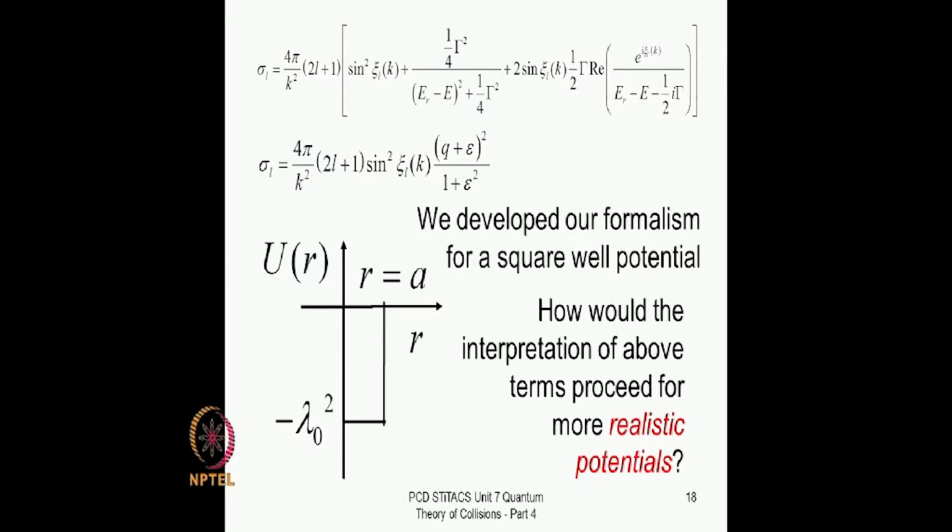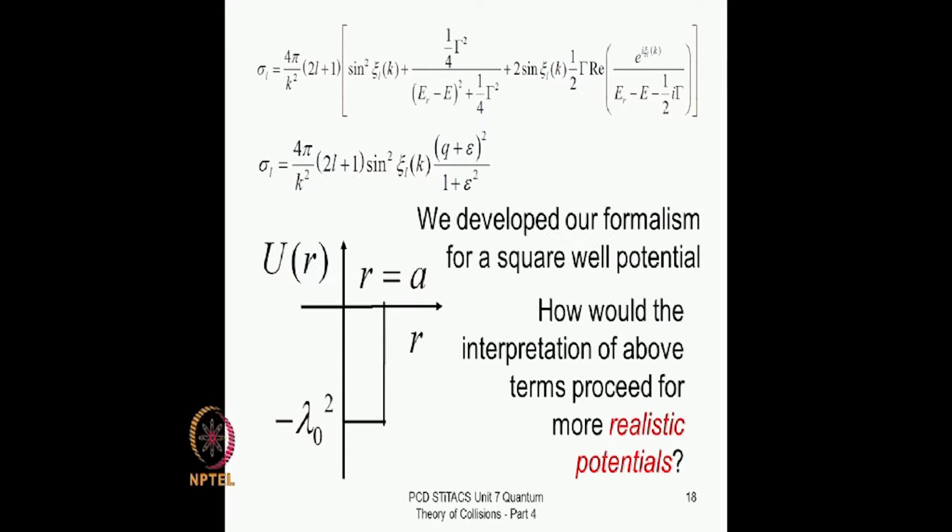But then our interest is in realistic potentials, and the realistic potentials would be somewhat different from the square well potential. The square well potential is just an attractive model potential, and we will therefore now like to ask, how will this analysis go if you worked with a more realistic potential?